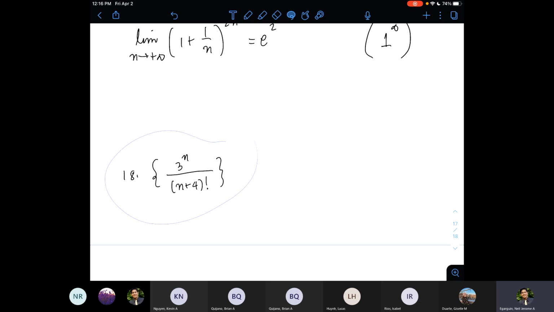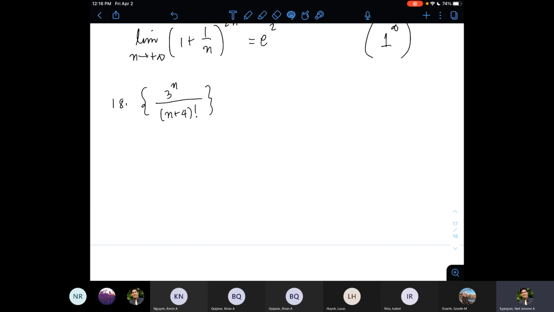Let's do this one, problem 18. Okay, so we take the limit of 3 to the n over n plus 4 factorial. This thing involves the factorial operator, right? And so we cannot transform it to a real valued function because factorials, at least for us, are only defined for positive integers.